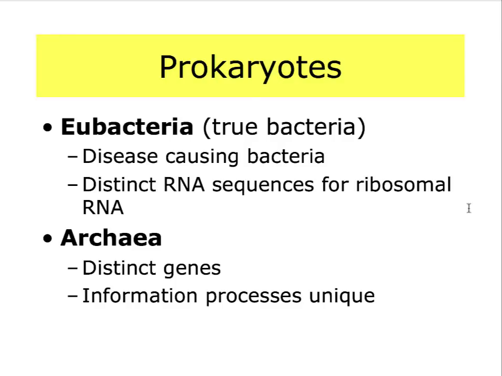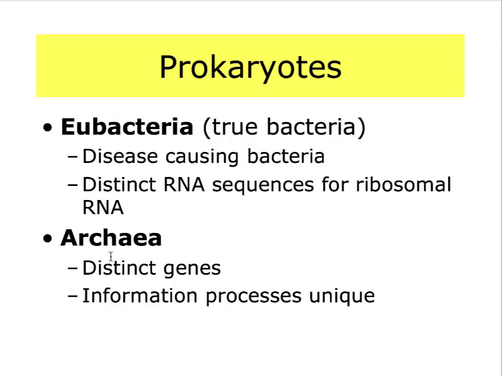It turns out that all the eubacteria share very closely related sequences when compared to archaea. But amongst the archaea group, they all share sequences with each other more closely related than they are with eubacteria. Another difference is that the gene complement of archaea are completely different in many regards from eubacteria.